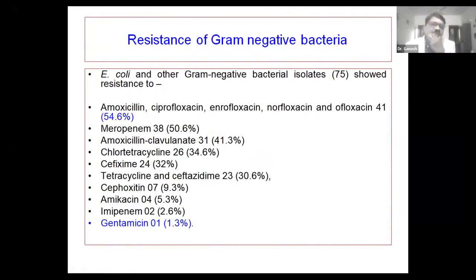So while using antibiotics, you should be cautious, and if you have an antimicrobial susceptibility testing facility, you can use that facility, and after identification of a sensitive antibiotic, you should use that antibiotic so that you will get results fast and you can control the infection.